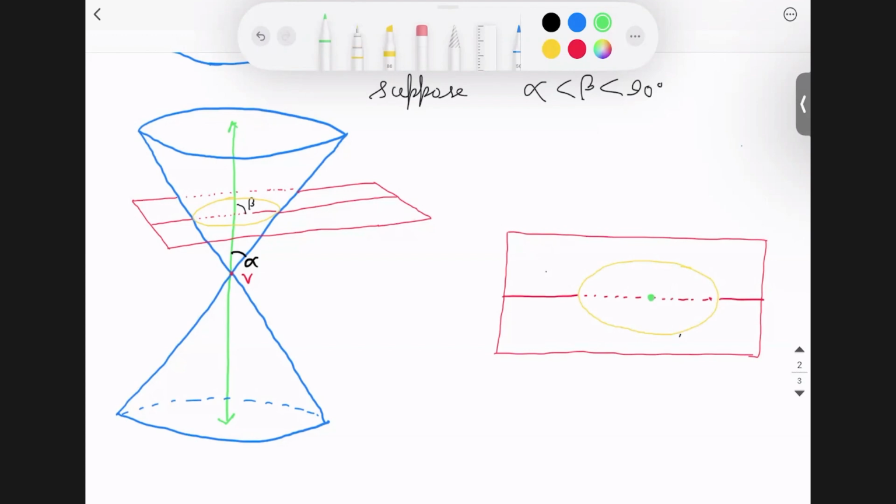This is the green straight line. It is the top view point. You are watching all of this from the top view. So by this you are seeing like this. This red one is the vertex, the green one denotes the axis of the cone. And this red portion is the plane where you can see the ellipse. Okay, so if beta is less than 90 and greater than alpha, then we can see this kind of figure.